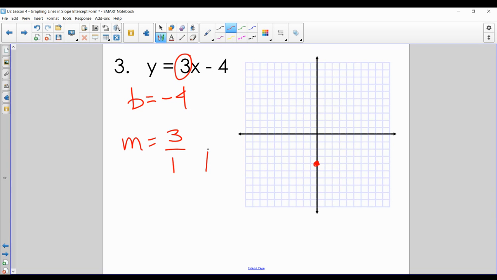That tells me I'm going up 3 to the right 1. I'm going to go up 3 over 1, up 3 over 1. I'm going to draw that line. Extend it to the edge.